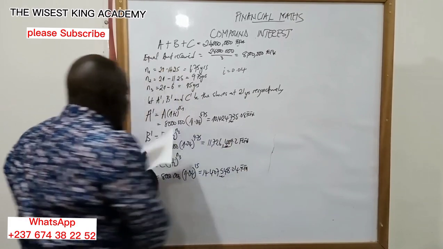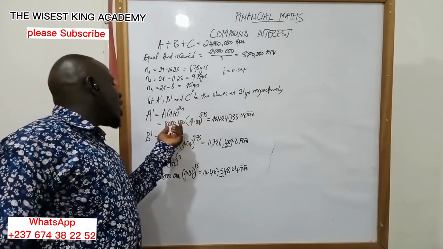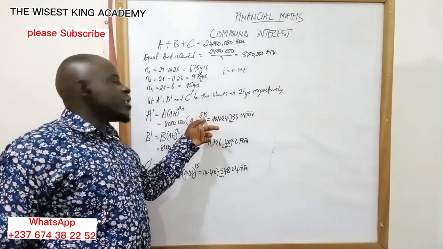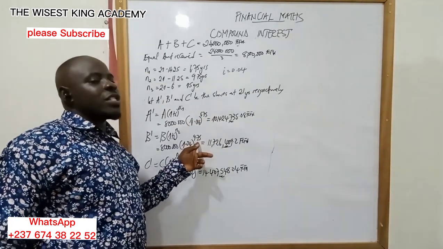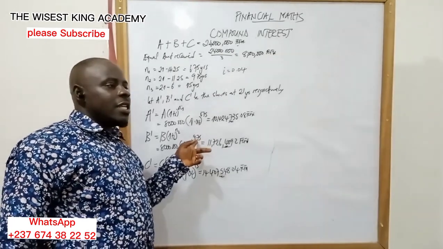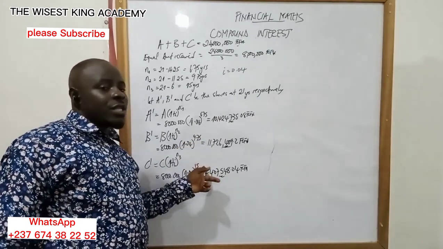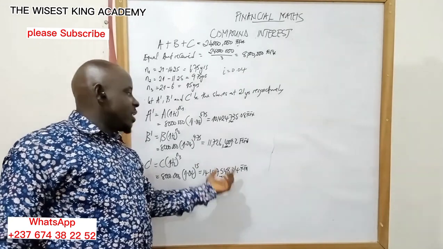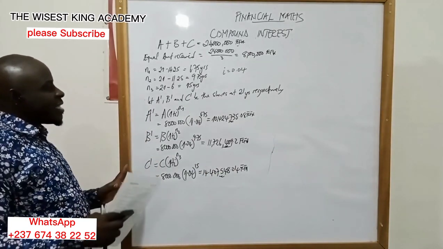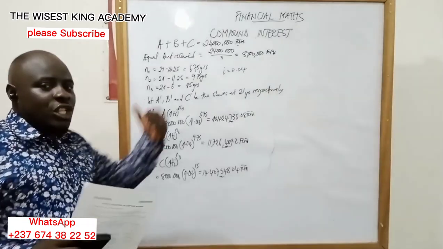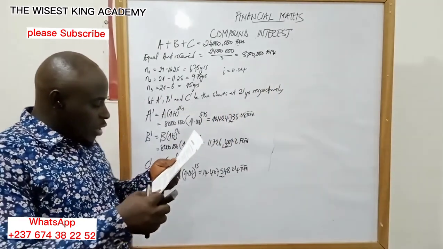Now, this can be justified in that the share of the first child was invested only for 6 and 3/4 years. Meanwhile, that of the second child was invested for 9 and 3/4 years. And that of the last child was invested for 15 years. That's why the amount is bigger. So, this is what they will inherit at the age of 21 if the sharing was done equally when the father died. Now, we go to the B part.